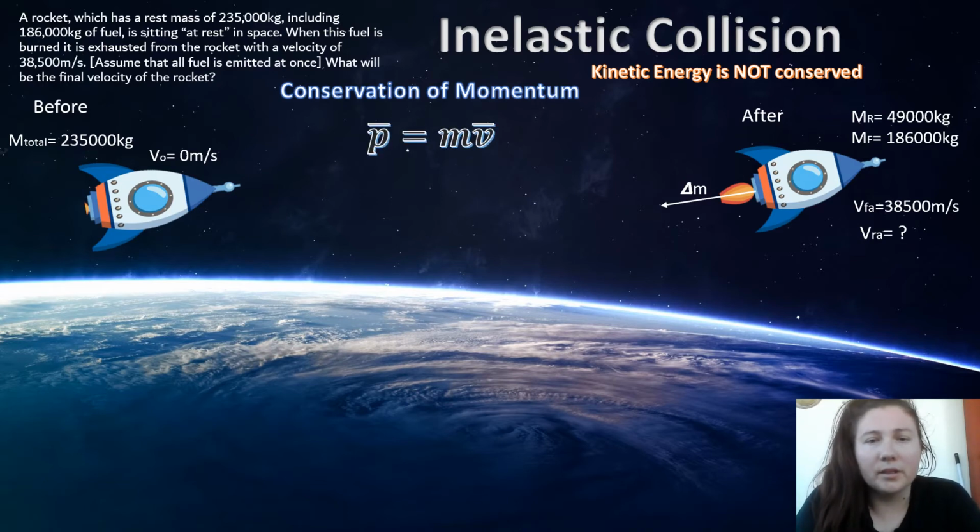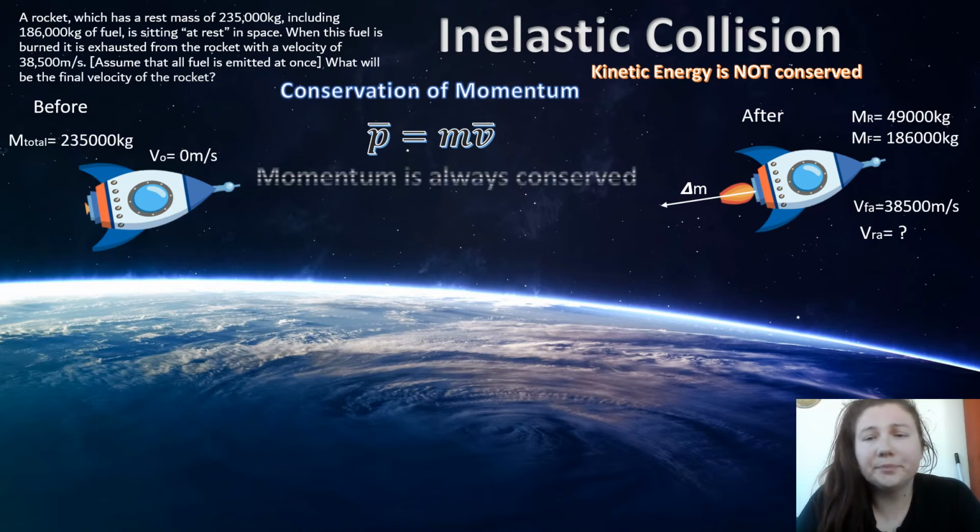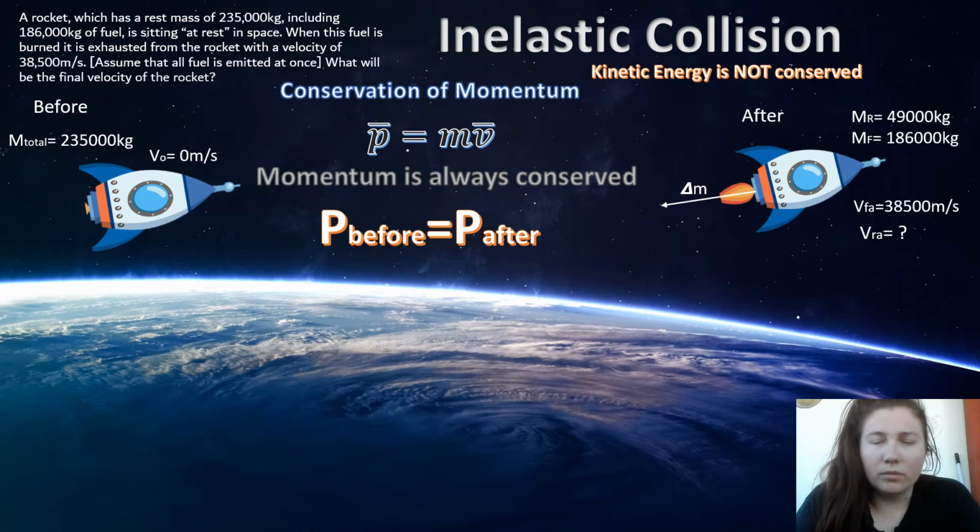Well, what is momentum? Momentum is represented by P, which is a vector, and that equals the mass times the velocity, which is also a vector. Now, momentum is always conserved, which basically means the initial momentum must equal the final momentum.